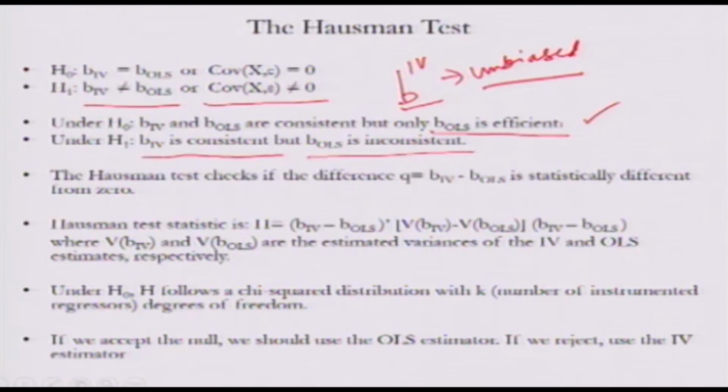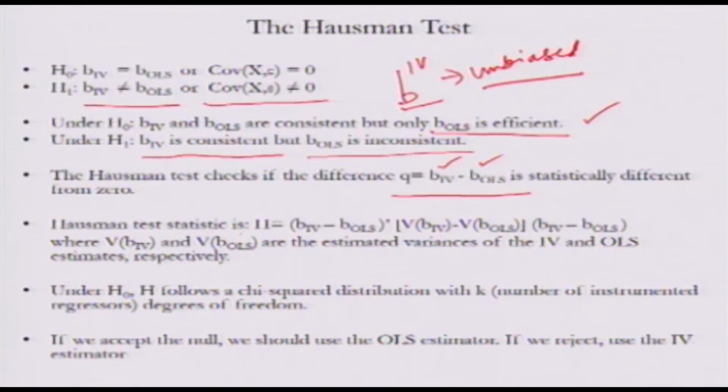Hence, we prefer B OLS. The Hausman test checks whether the difference B IV minus B OLS is statistically different from 0 or not. By doing this test, you are saying that under the assumption that B IV is unbiased, you are checking whether B OLS is unbiased or not.